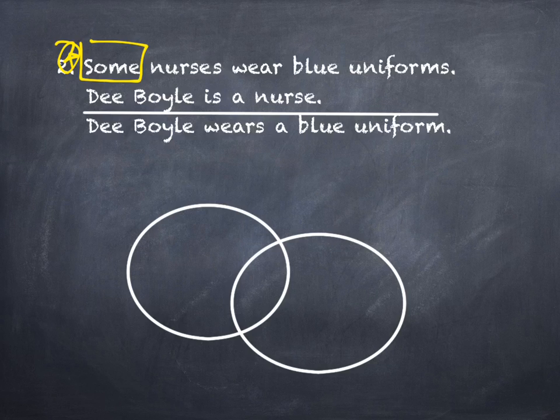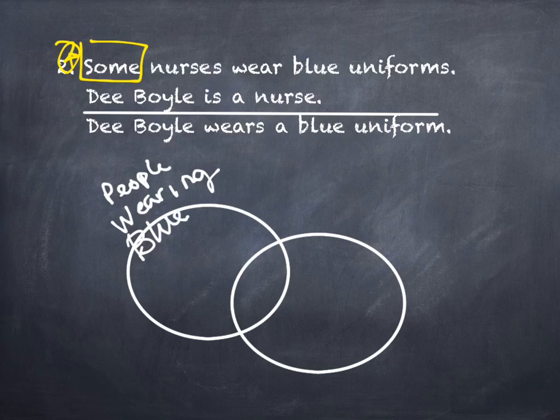What are the categories that my circles represent? Okay, persons wearing blue uniforms. Somebody said that one. So people wearing blue uniforms.